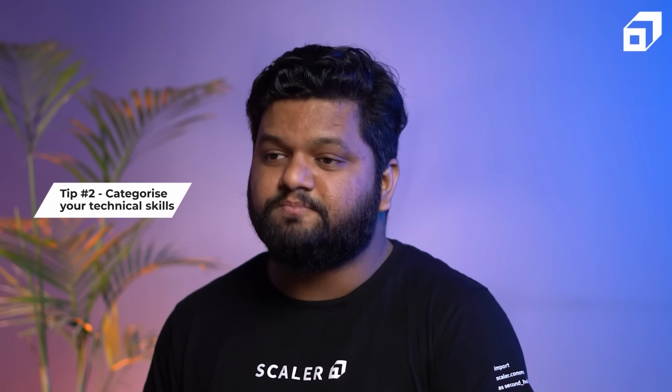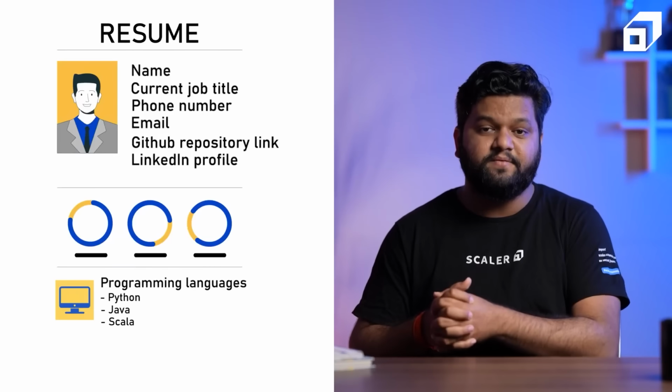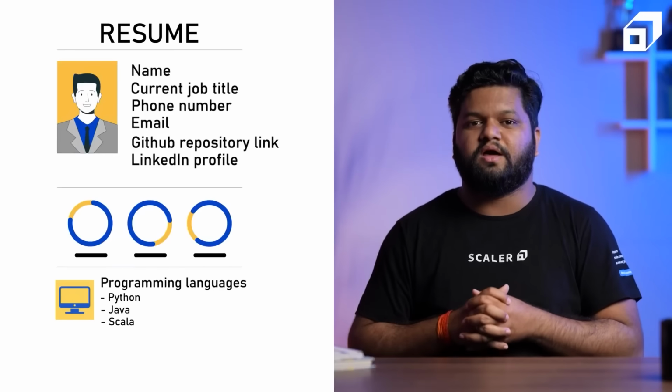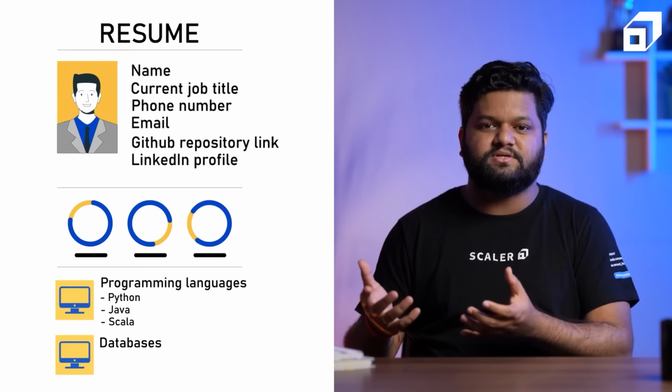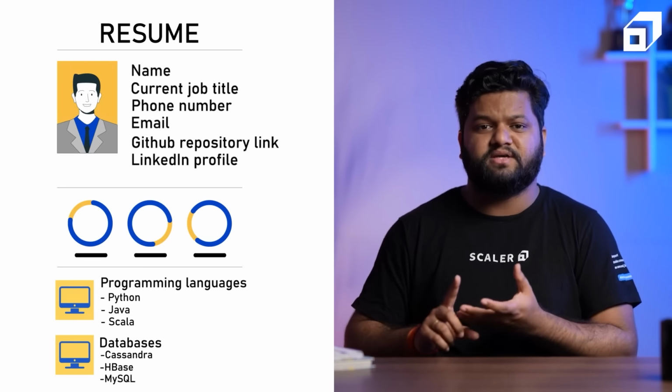Let's say there were 20-25 skill sets, so you can categorize them. Let's say you worked on 3 particular languages, Python, Java and Scala. Try to create a heading named programming under the technical skill set heading and mention those 3 programming languages in front of it. Let's say you worked on multiple databases, Cassandra, HBase, MySQL.